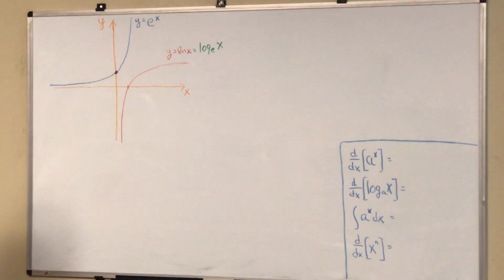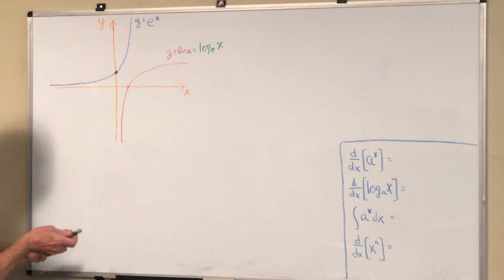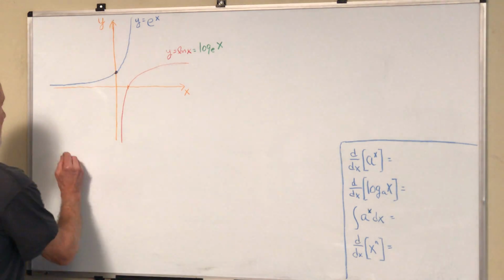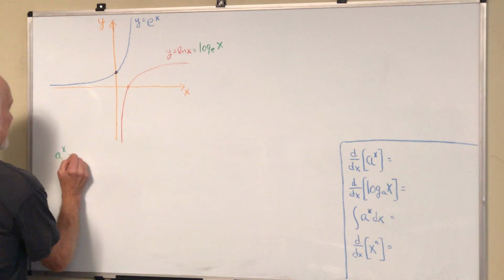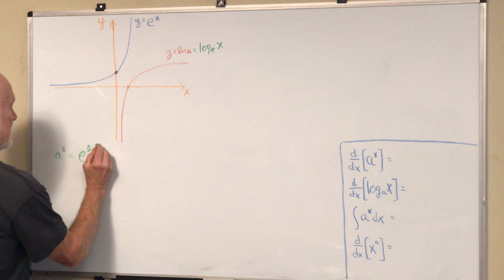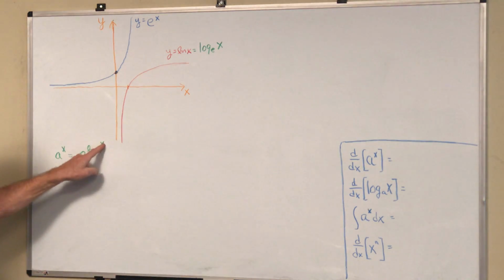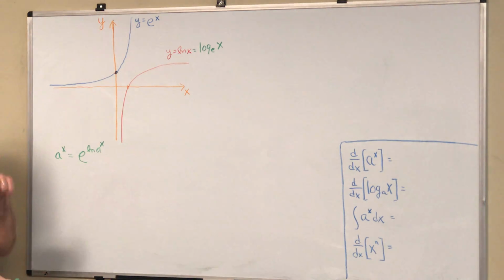In order to do that, we're going to start out by looking for a relationship between a to the x and e to the x. So I can say that a to the x is e to the natural log of a to the x, because e to the natural log of anything is just that number, because e to the x and natural log of x are inverse functions.